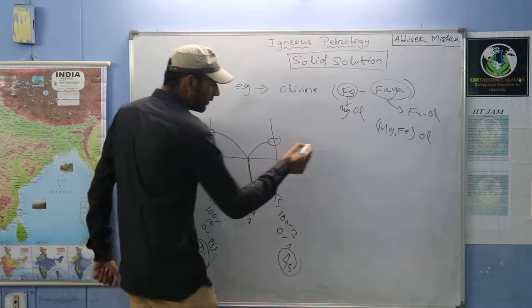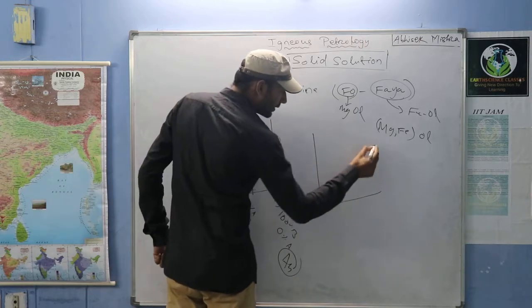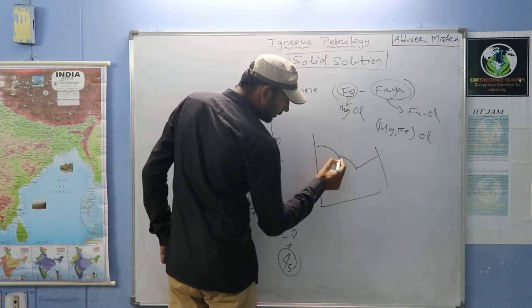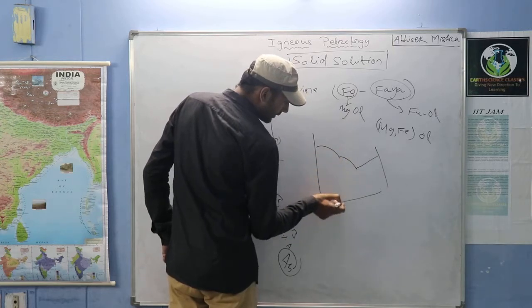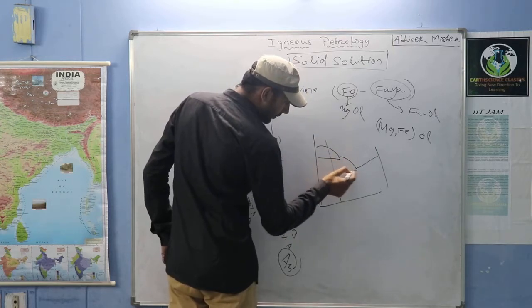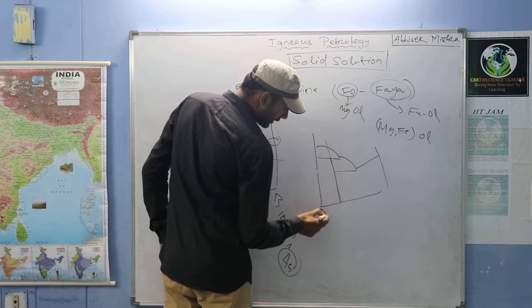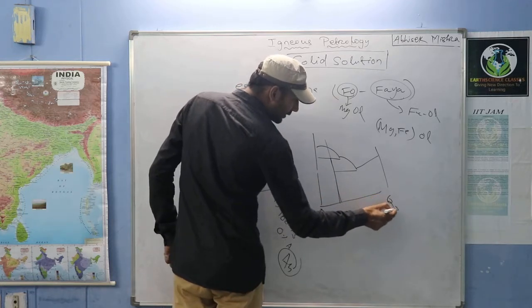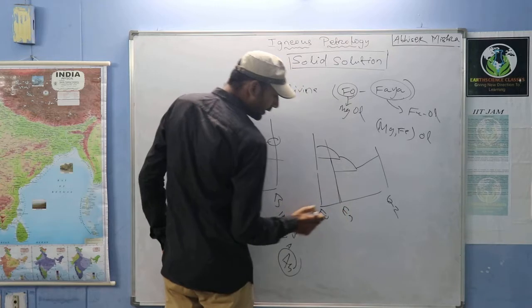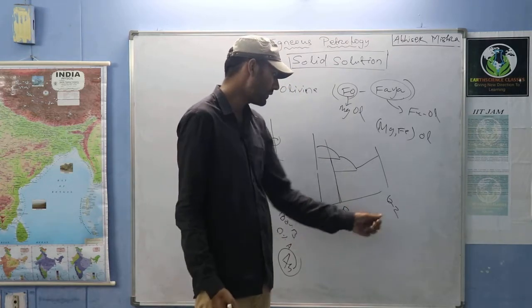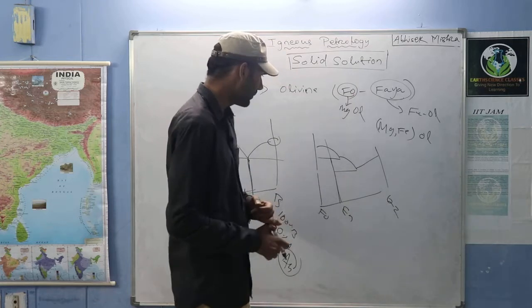In the case of peritectic, as you can remember, this is forsterite, this is quartz, and in between is enstatite. Forsterite is a magnesium olivine, enstatite is a pyroxene, quartz is pure SiO2.